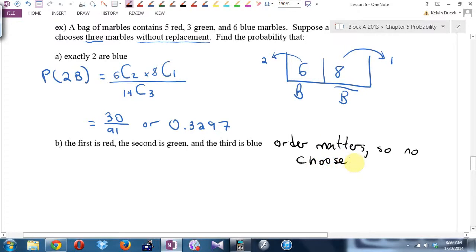So don't use choose. Don't use NCR. How can I do this one?